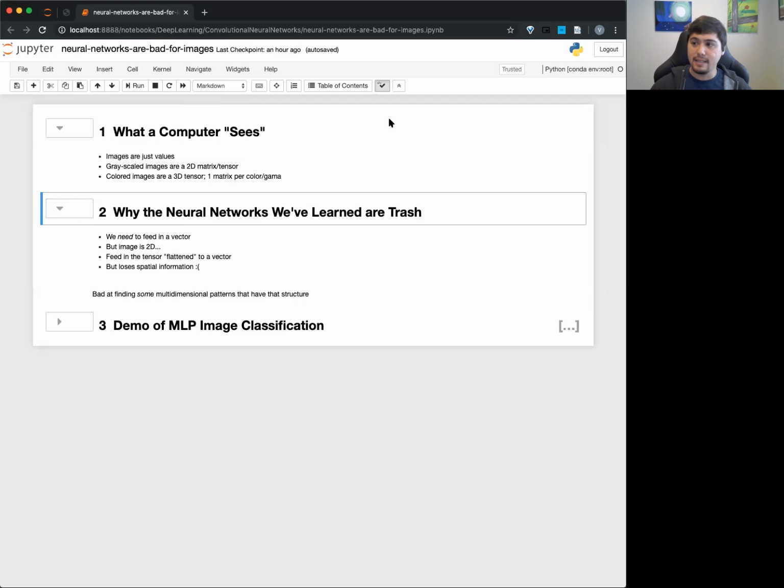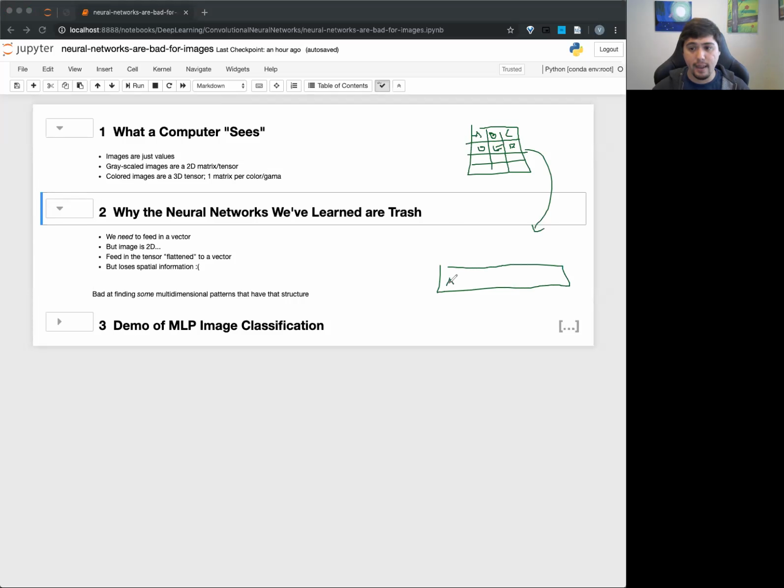If we have a picture and split it up into a grid, let's imagine the first row is A, B, C and the next is D, E, F. We'd want to put this into a vector, so instead of a matrix it would look like A, B, C, D, E, F. The problem is that we're losing spatial information.